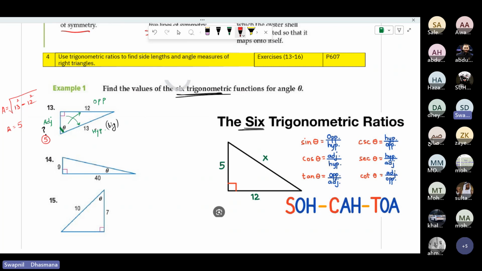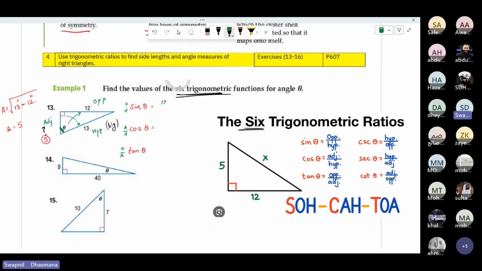Now, all three side values are known. So you can use SOH CAH TOA. SOH means sine, CAH means cosine, TOA means tan. So sine means O divided by H. So CAH TOA.